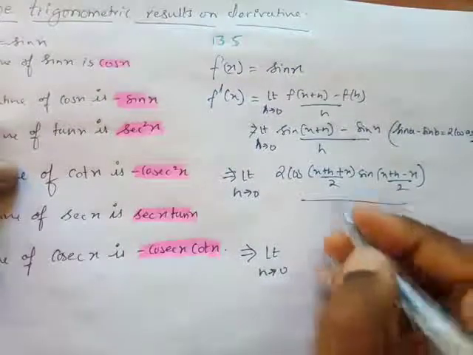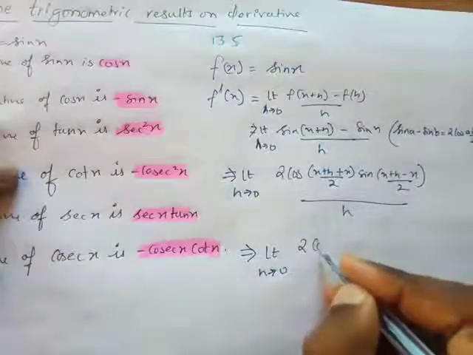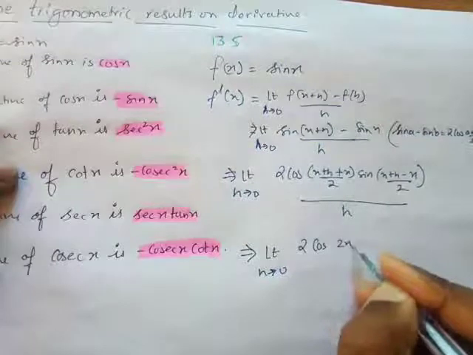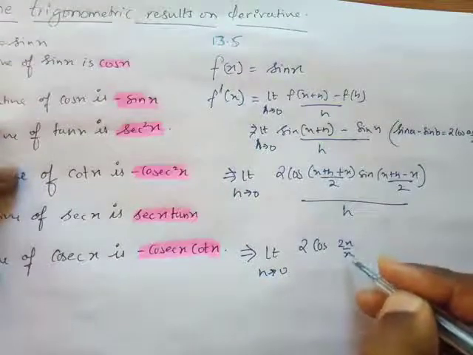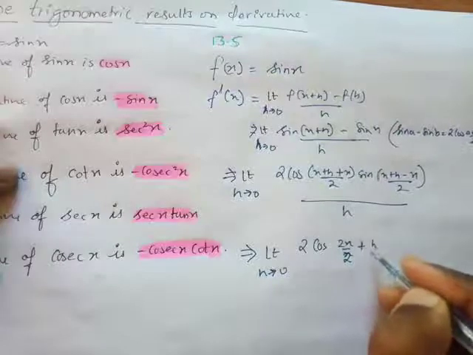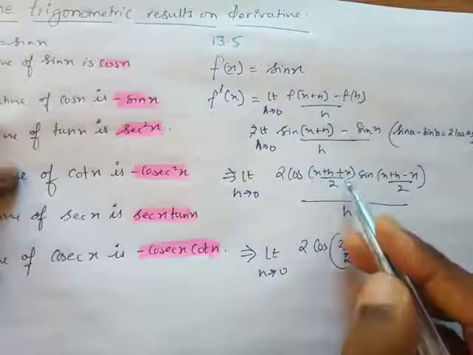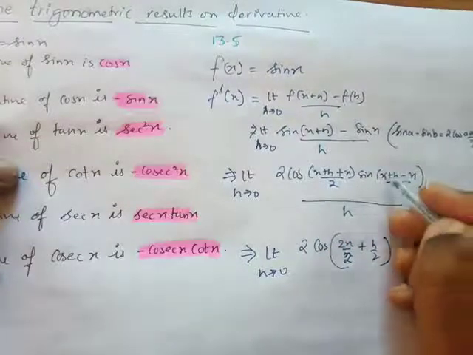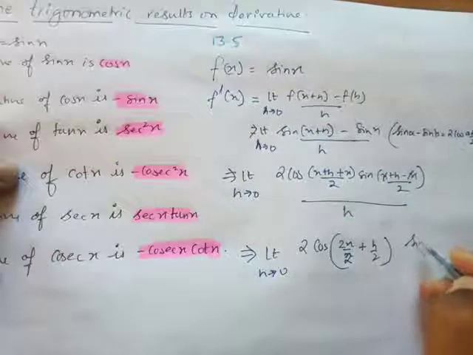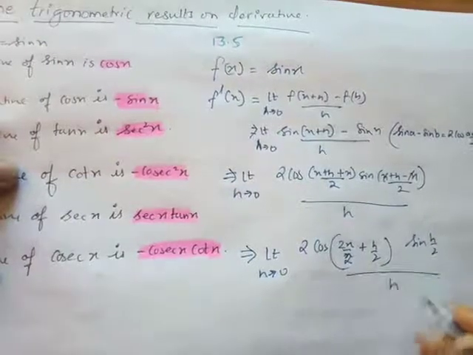After this, limit h tends to 0. You can see over here, it's going to be 2 cos((2x plus h) upon 2). Can I write it like this? x plus x is 2x, and 2 below, and the 2 can cancel out, and what is left is sine(h over 2), and below what do I have? h.